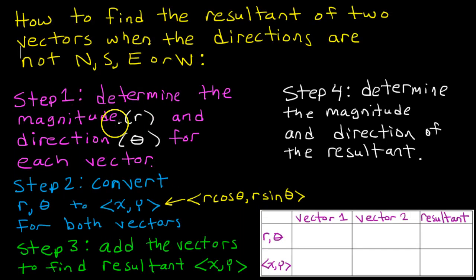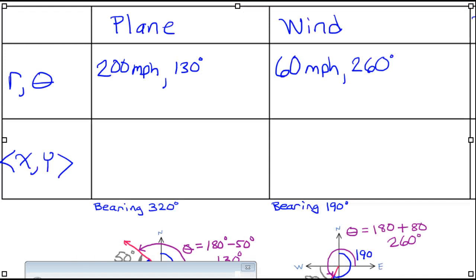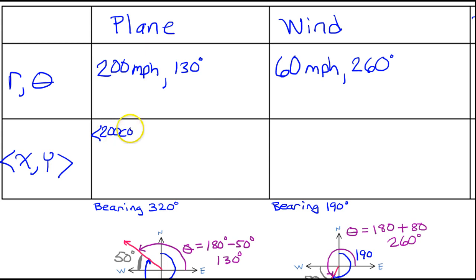With that, we have completed the first step. We have determined the magnitude and direction for each vector. Step 2, convert the magnitude and direction to component form using the little formula r cosine theta, comma r sine theta. For the plane, r cosine theta is going to be 200 cosine 130.